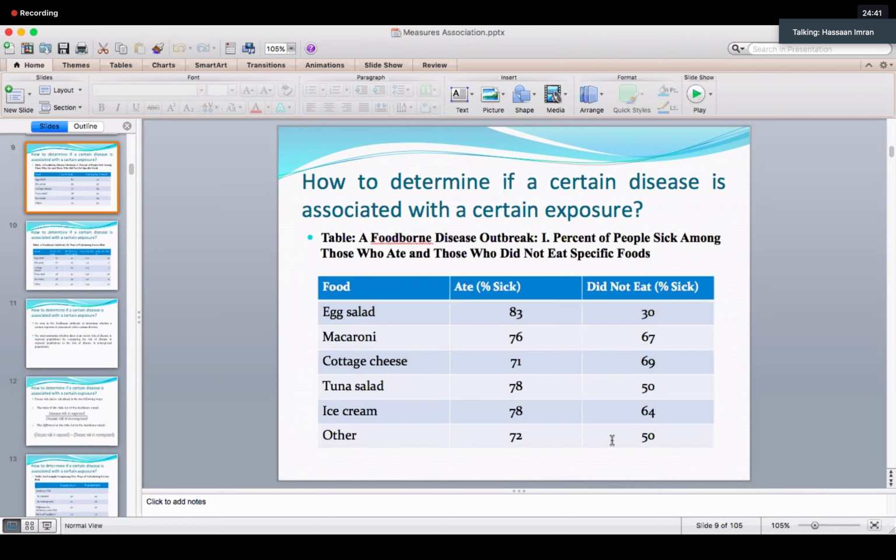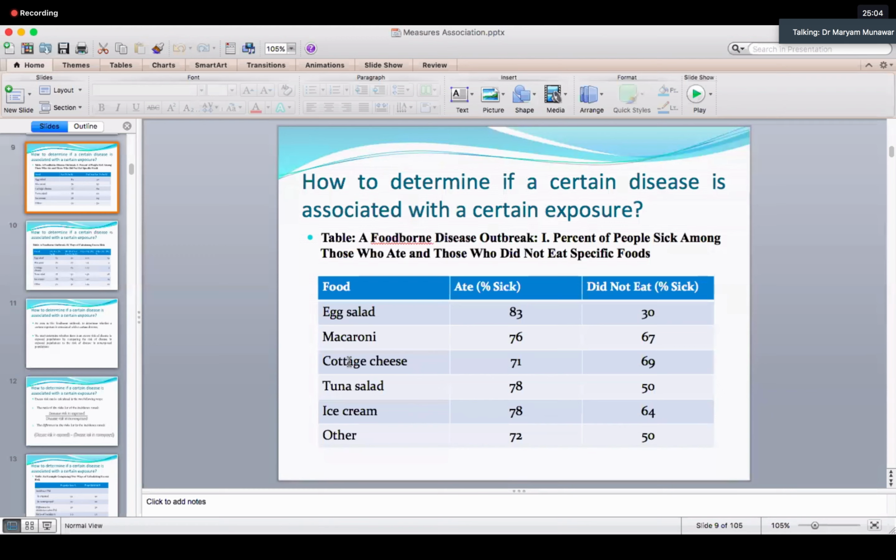Can any one of you interpret this table? Ma'am, this is the food specific attack rate.